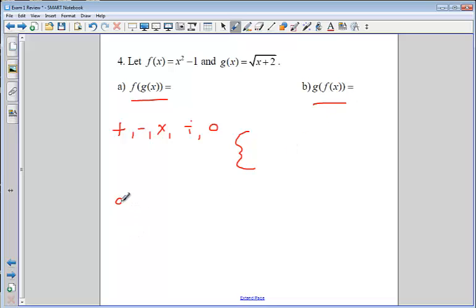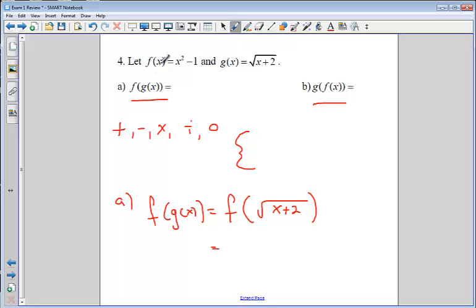So let's do part A first. If we want to do f of g of x, that's actually equal to, well, wherever I see a g, I'll replace it with what it's equal to. So f of the square root of x plus 2. And then that's equal to, remember, f is just a rule.